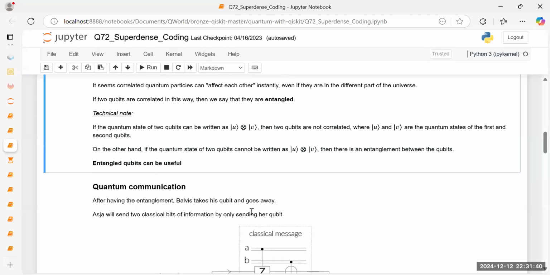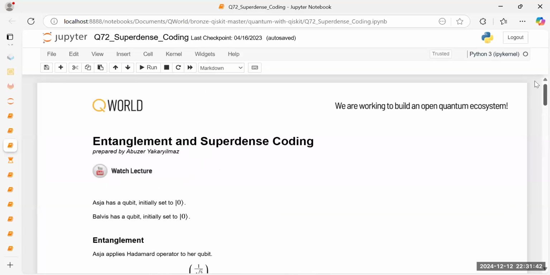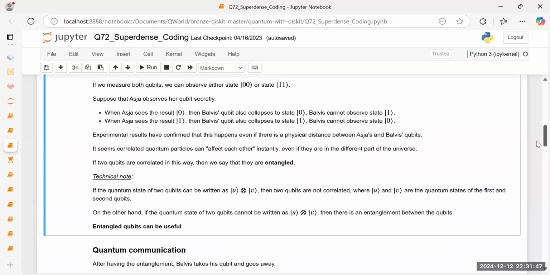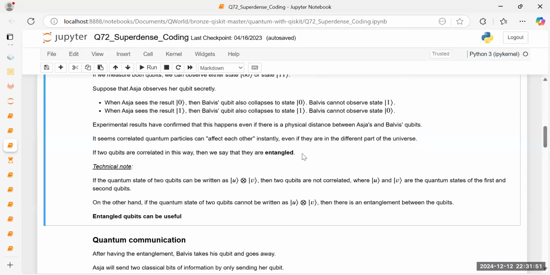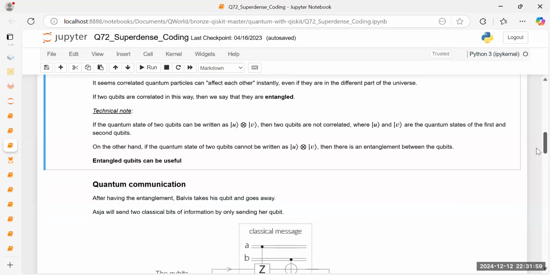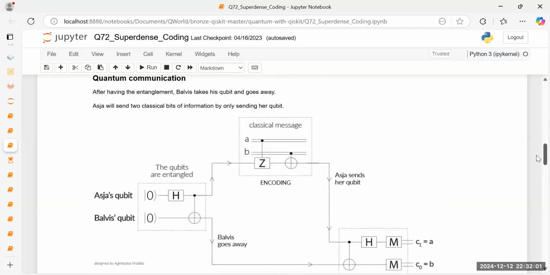One of these circuits is the one we're going to utilize for superdense coding, and the other is for quantum teleportation. Einstein called entanglement spooky action at a distance, because it didn't make sense to what he understood at the time.